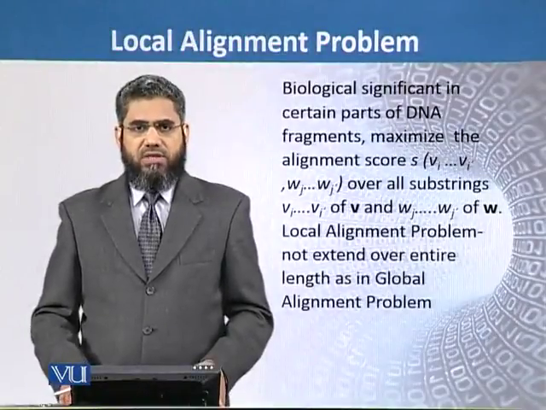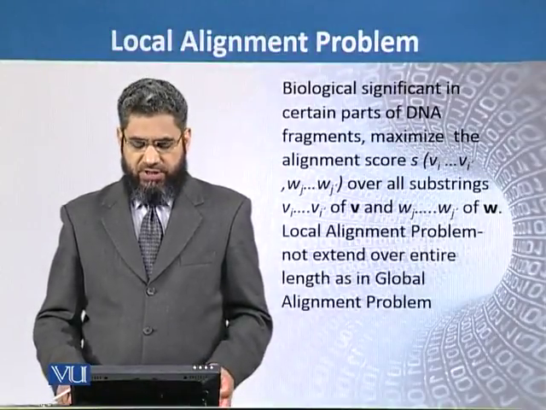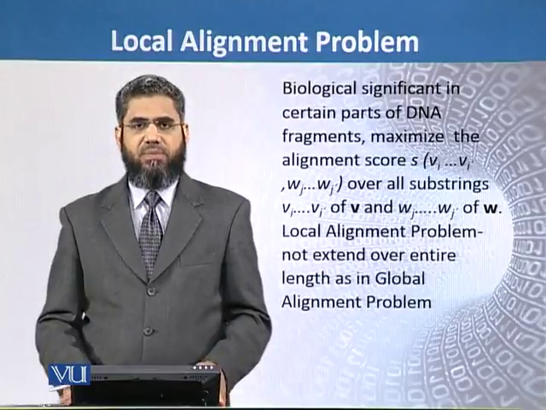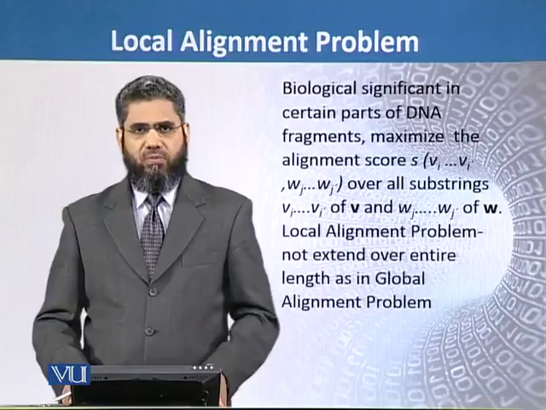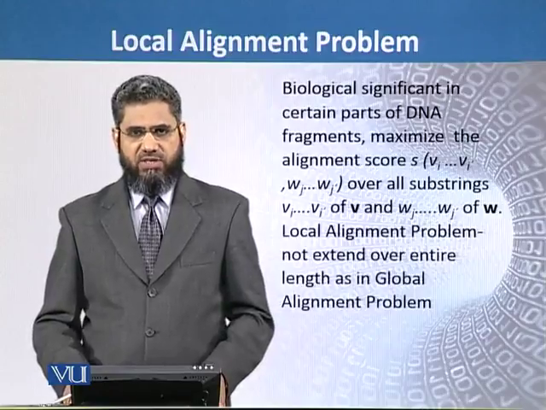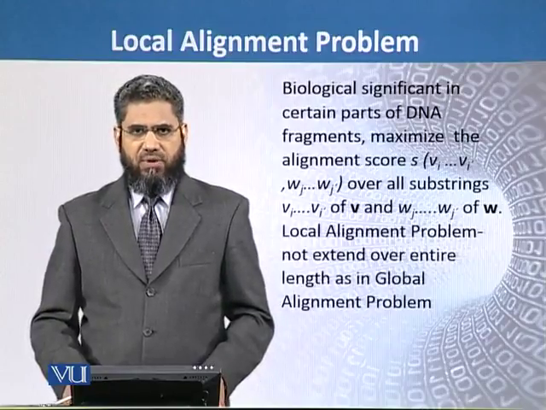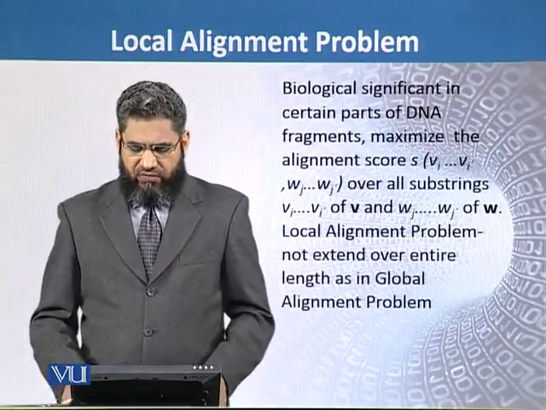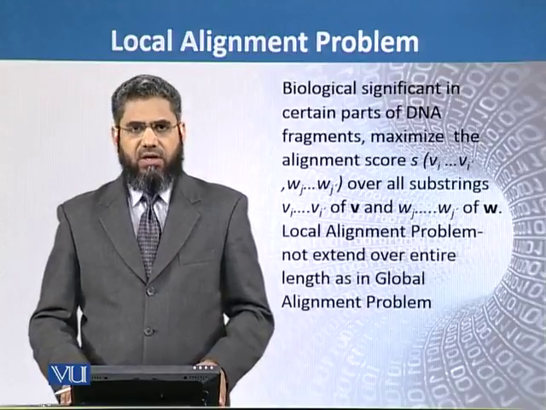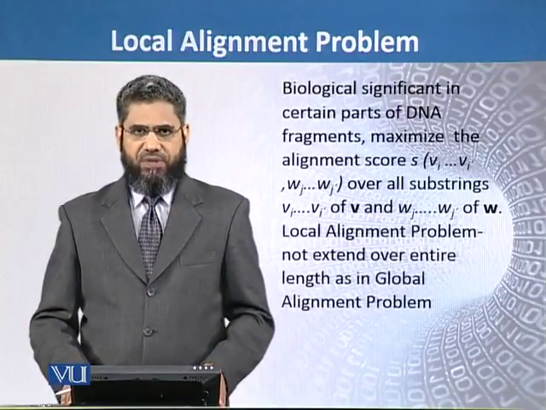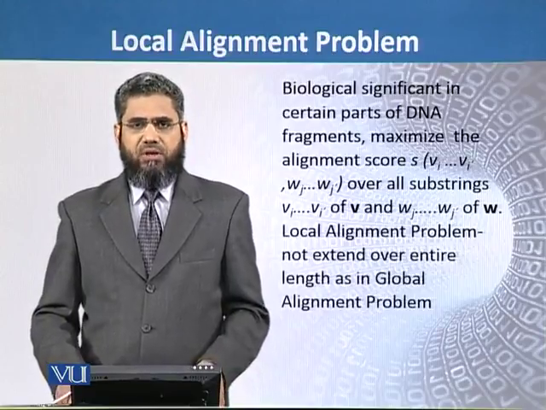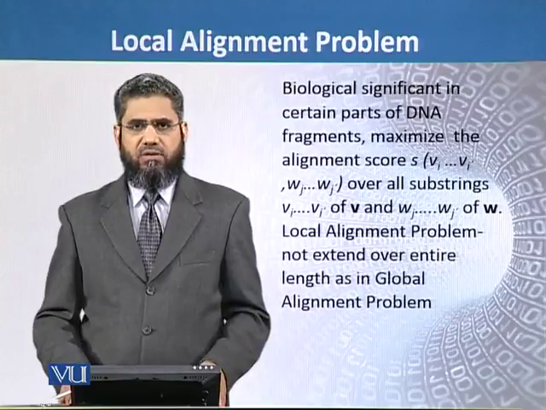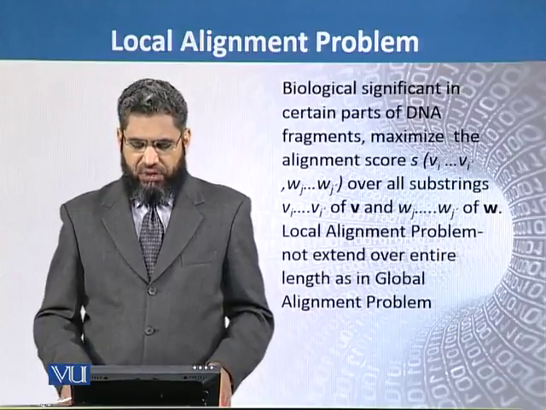When biologically significant sequences are present within certain parts of DNA, and these sequences are not present in the other DNA sequences, then biologists maximize the alignment score S, that is from VI to VI prime up to WJ to WJ prime.